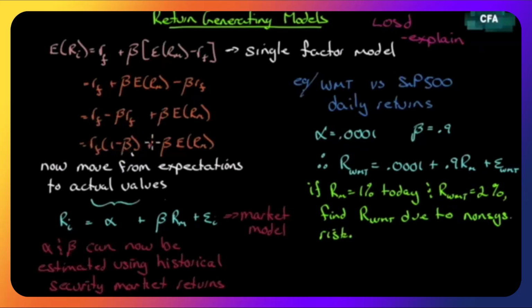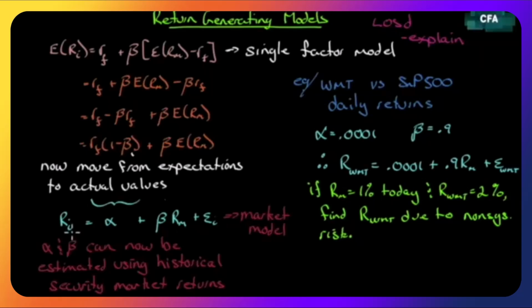Now, let's move from expectations to actual values so that we can drop this E out. We're going to move from expectations to actual values. So let's take the expectation out and just keep the actual value. The returns that we've seen on this particular index, remember we're using historical values, we can look at all the returns on this particular asset. This should equal alpha. What is alpha?